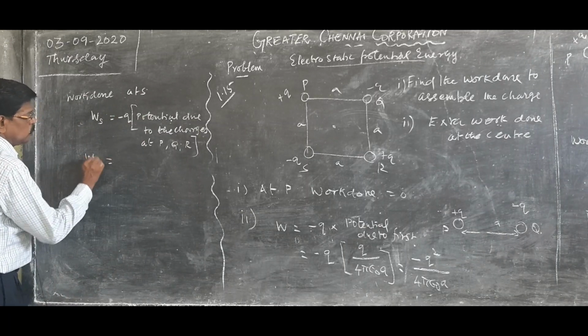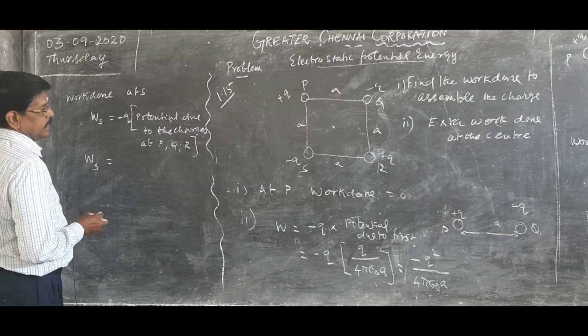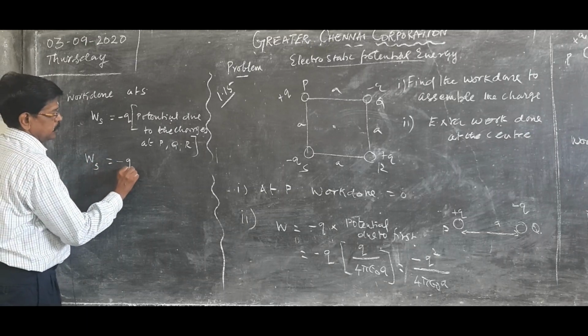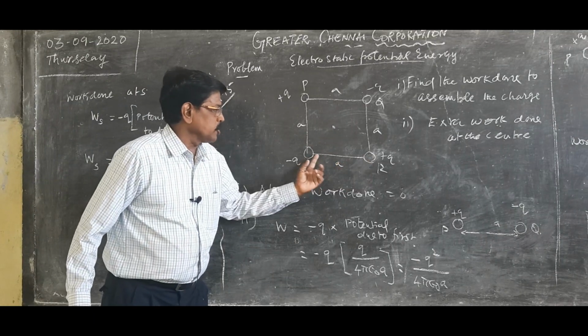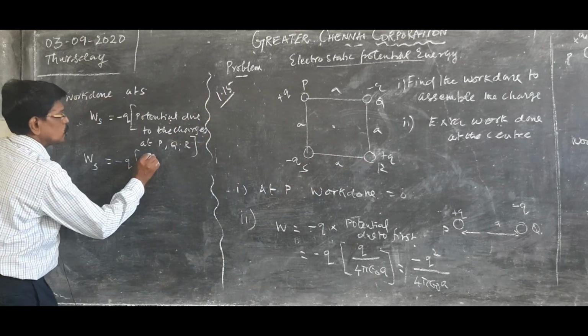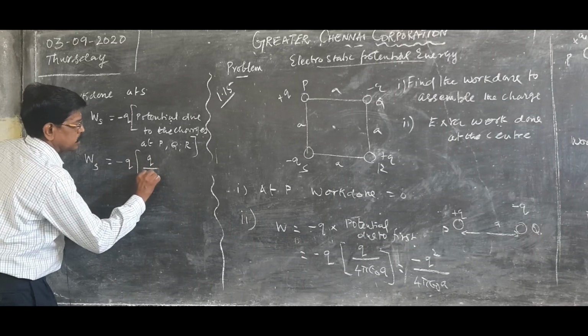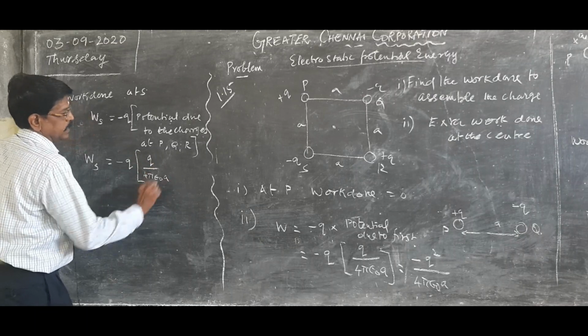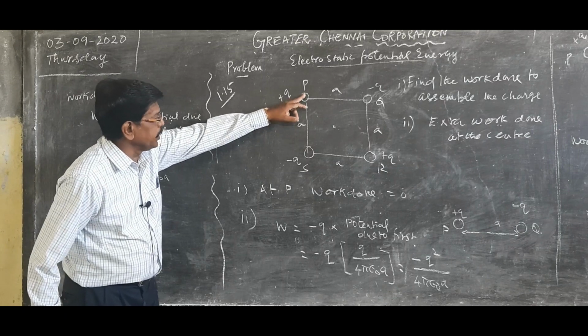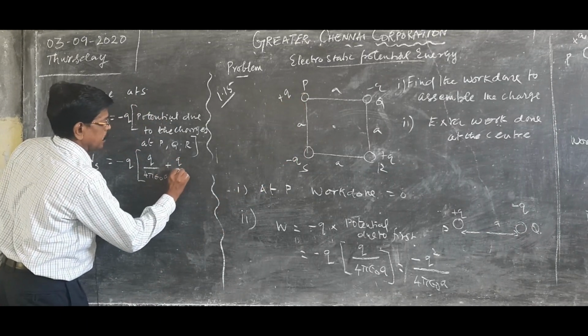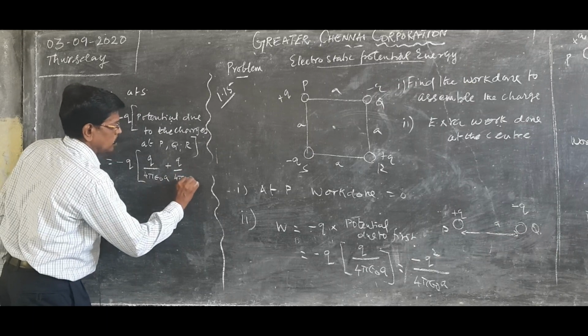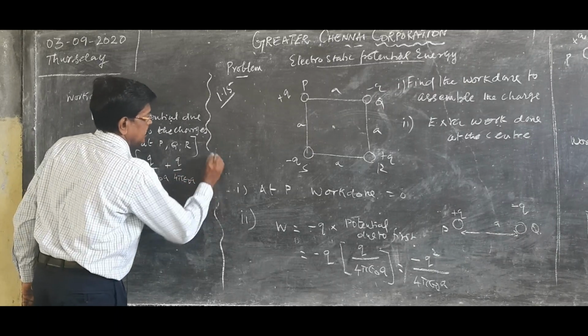So the work done at the point S is minus Q times the potentials. What is the potential due to R? Q by 4 pi epsilon 0 A, right. What is the potential due to P? This distance is A, so plus Q by 4 pi epsilon 0 A, right.